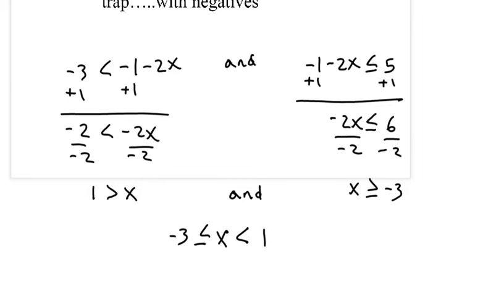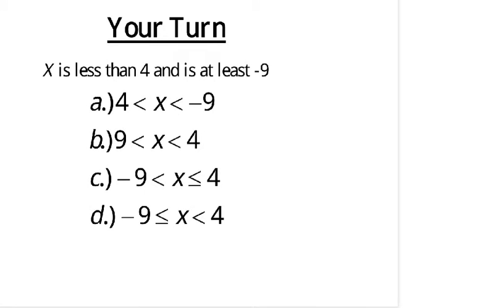Try this out. Which one of these inequalities means the same thing as x is less than 4 and x is at least negative 9? So x is less than 4 looks like that. The fact that it says here x is at least negative 9 could mean that it's negative 9 or greater.